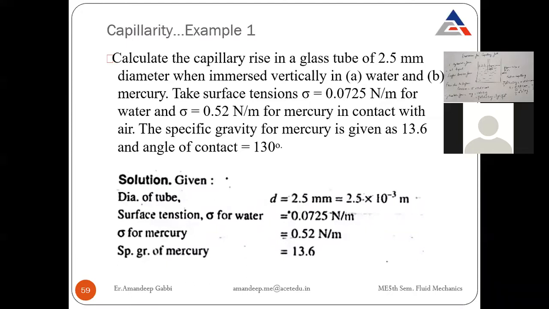You have to calculate h in both cases. Specific gravity for mercury is given as 13.6 and angle of contact is 130 degrees. Right? You have to calculate both these. You can write this numerical, and I'm going to do it on board also.